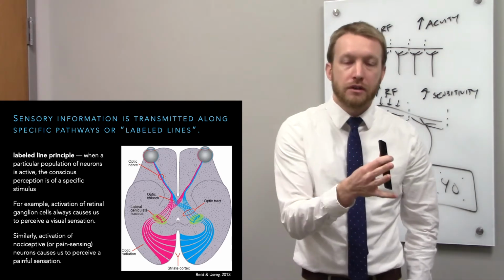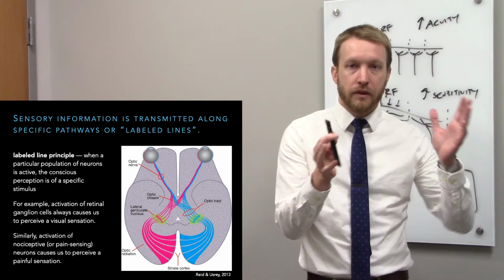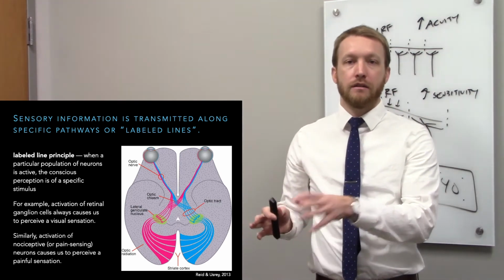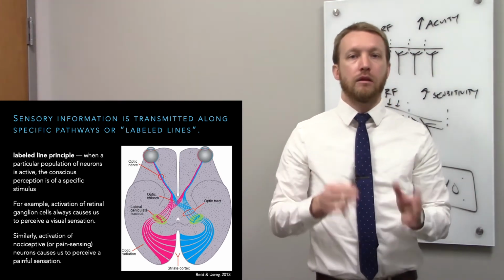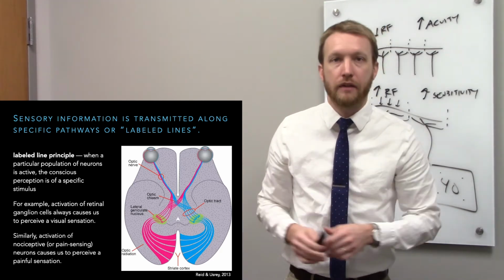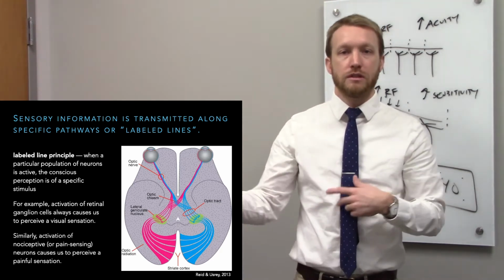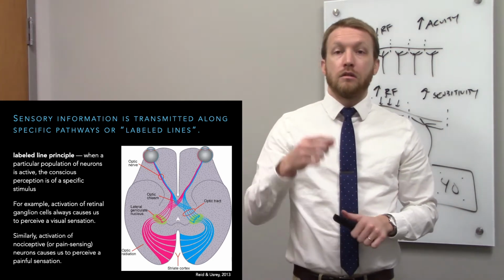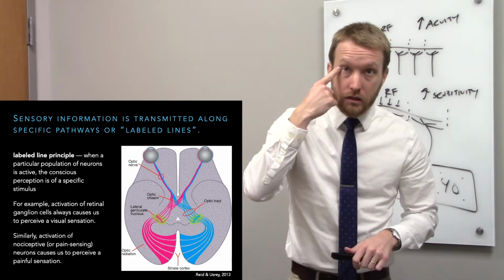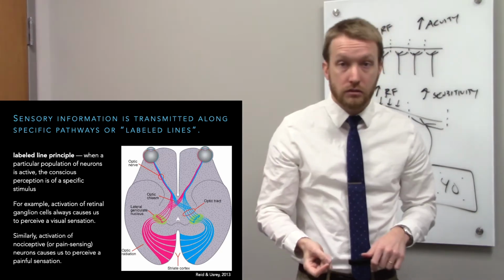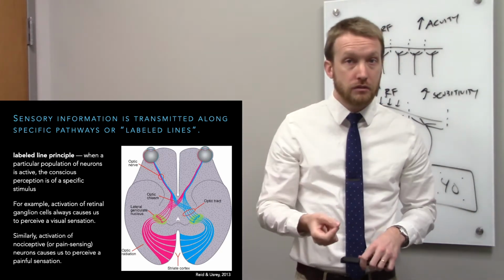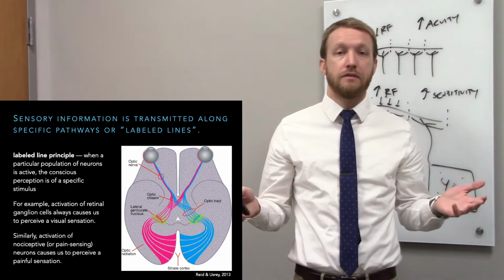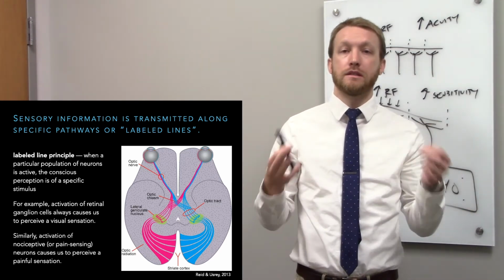So those sensory neurons, no matter what stimulates them, they're going to create that perception because they reliably activate their secondary afferent, and that reliably activates their tertiary afferent, and then usually those go and stimulate the cortex in some way. So the retina is going to project to the lateral geniculate nucleus. The lateral geniculate nucleus is going to project to the striate cortex. And when we have activity in our striate cortex, we see stuff.